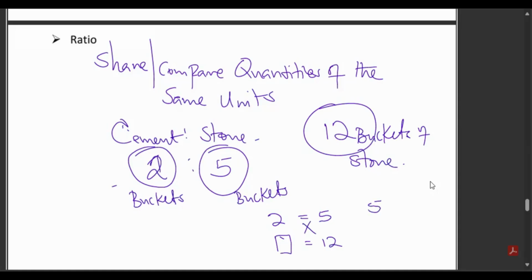This will become 5, and this will become 2 times 12. You get 24. Divide by 5. So 24 divided by 5 gives 4.8 buckets of cement.